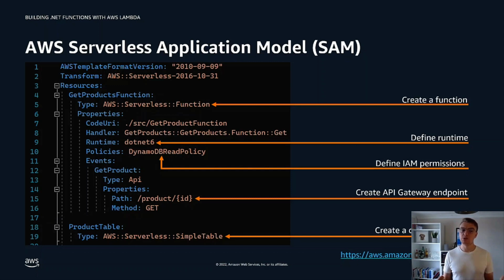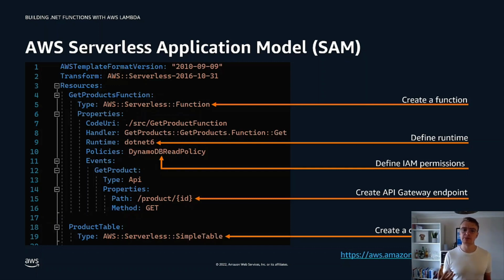So in this instance, this function needs to be able to read from DynamoDB. So we just add a policy of DynamoDB read policy. And when we actually build this SAM template, SAM will convert that into the IAM actions required for our function to be able to talk to DynamoDB.